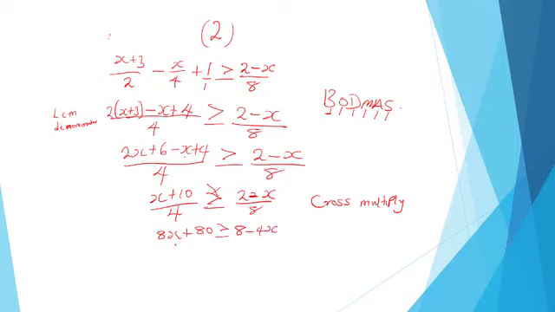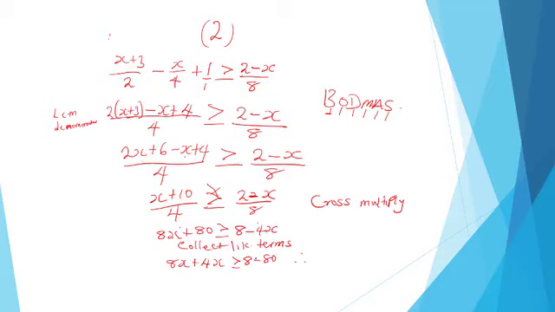So with this we still collect like terms, just like what we did in the first. So we now have 8x and this minus 4x. If it crosses over to this other side, it becomes plus. So we have 8x plus 4x to be greater than or equal to 8. If 80 crosses over to this side, it becomes minus 80.